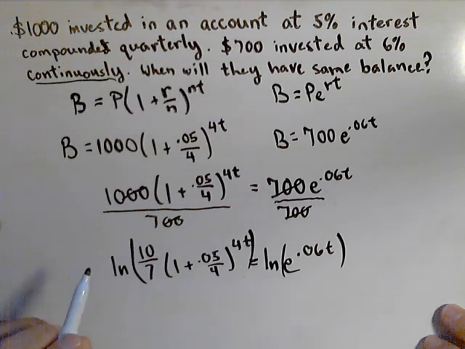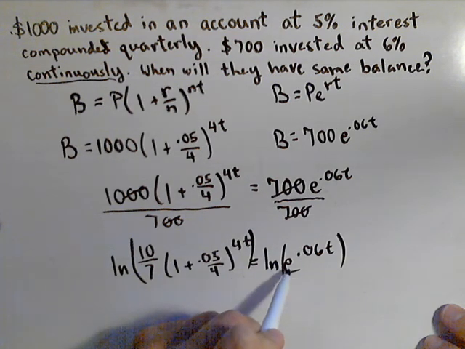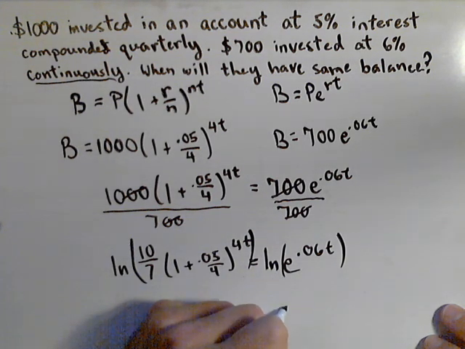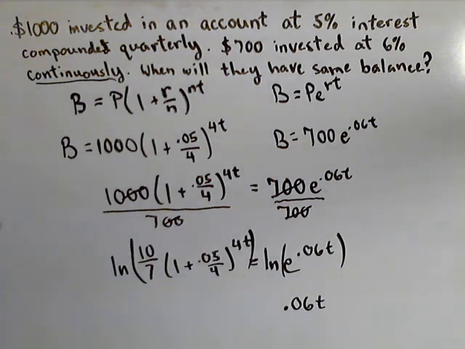We could rewrite this problem using logs, but I sometimes think it's easier in this situation to just take a natural log of each side. The reason is that on the right-hand side, by properties of logs, natural log of e to the 0.06t is just 0.06 times t. And we got it solved there on the right-hand side.